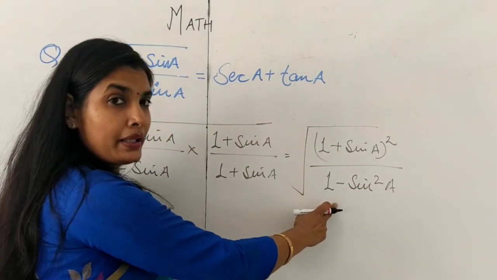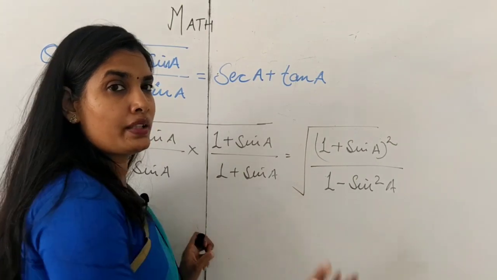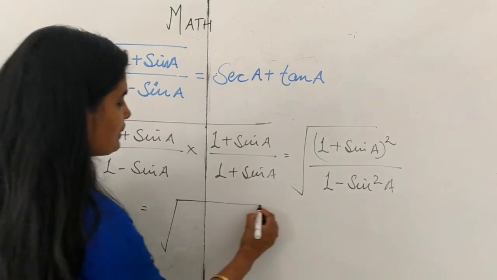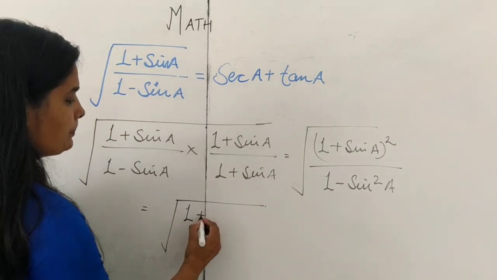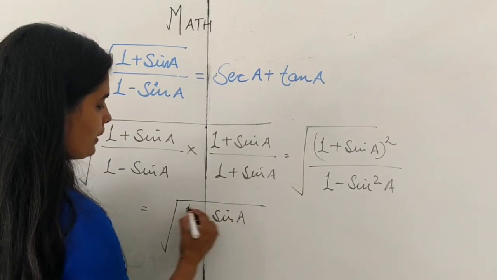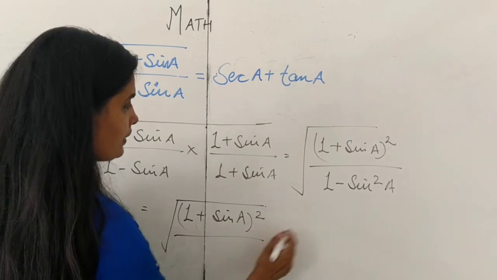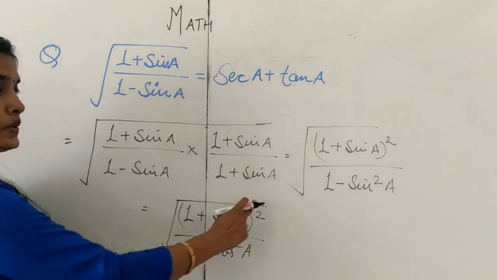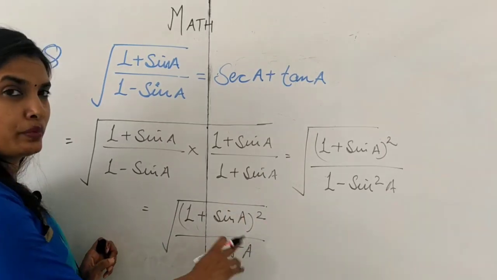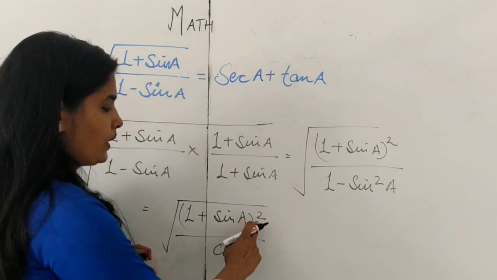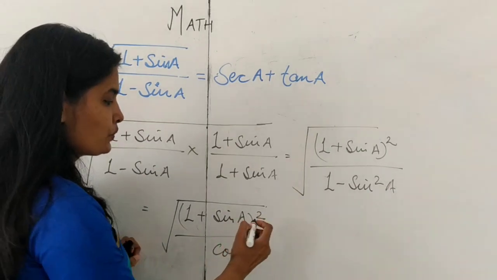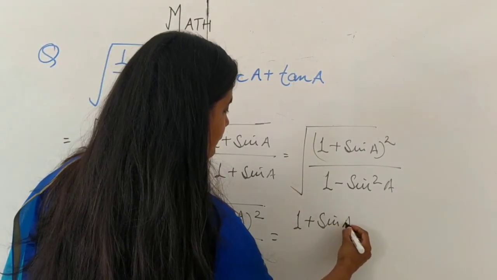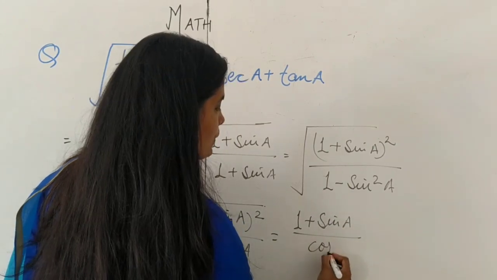In place of this 1 minus sin square a, what you can write? Cos square a. This is an identity. So what will be my next step? 1 plus sin a whole square as it is, and here I can write cos square a. Now this is square root sign and both are in the form of square. You can cancel square with the square root sign. So what will be the next step? 1 plus sin a upon cos a.